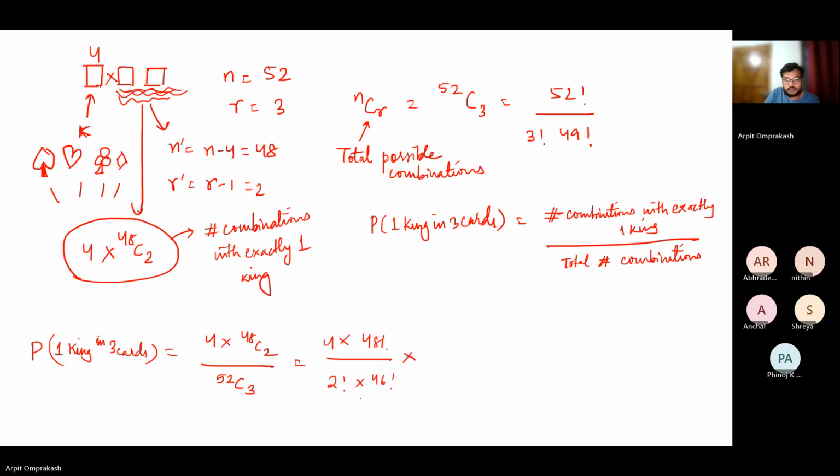Into, we'll just flip this, we'll put the 52 factorial down, and on top we have 3 factorial and 49 factorial.